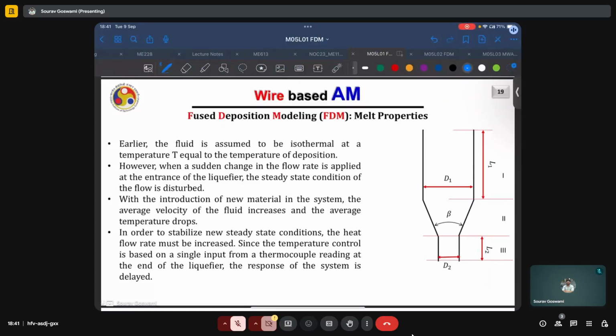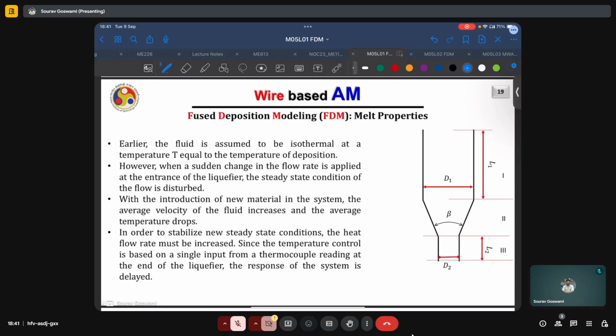Or the wire surface may be damaged or constricted in some region, which allows it to pass much more easily than intended through the rollers. Any and all of these may lead to a sudden change in the flow rate, which will in turn disturb the steady state condition of the flow.